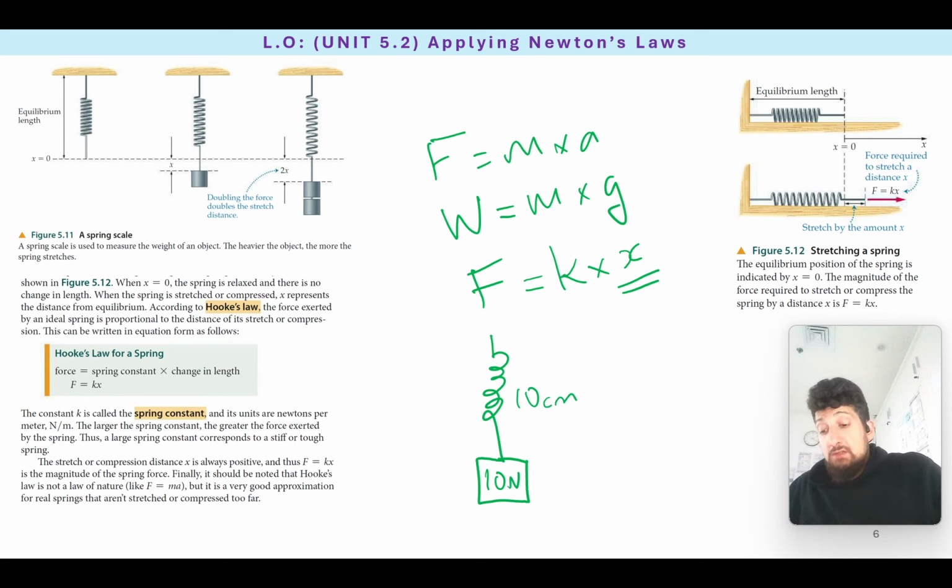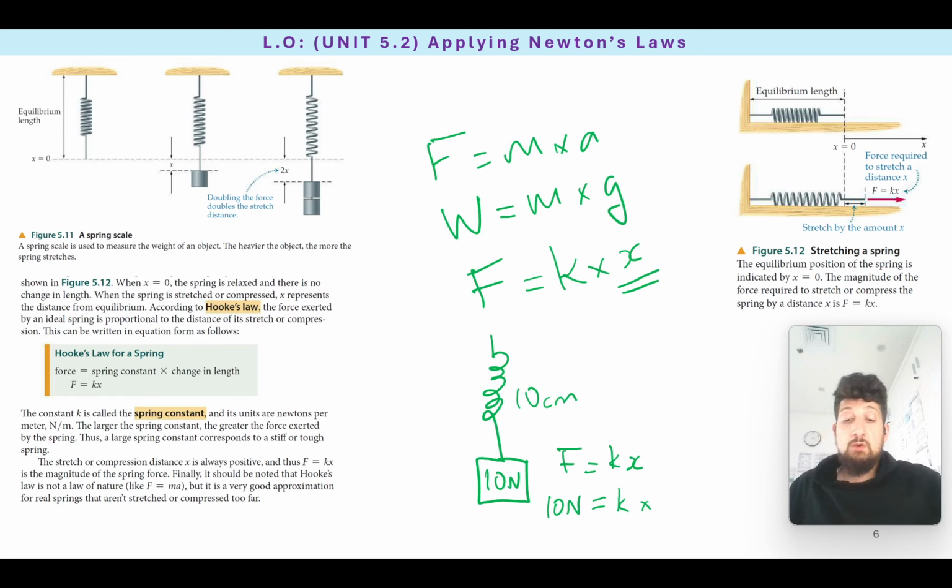Work out the force. So the force is going to be Kx. I don't know K. Sorry, not the force. Work out the spring constant. So I know the force. The force is 10 newtons. K is what I'm trying to work out. And then the x is the length, which is 10 centimeters. So it's stretched by 10 centimeters.